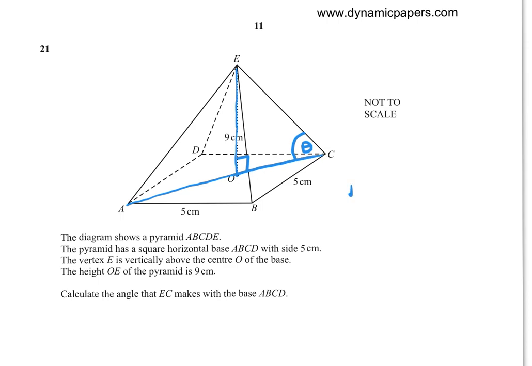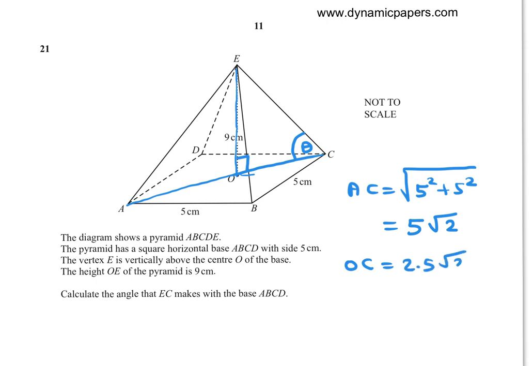So AC equals square root, from Pythagoras theorem, 5 squared plus 5 squared, equals 5 root 2 exact. It's better to take exact, not round first. Now we have AC equals 5 root 2. So we can deduce that OC is half of that. So OC equals 2.5 root 2.